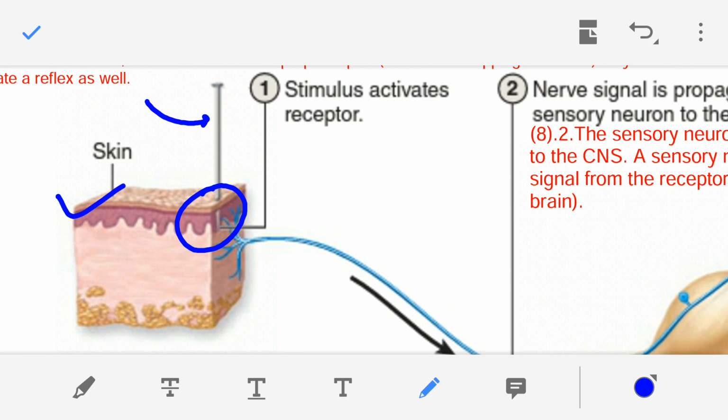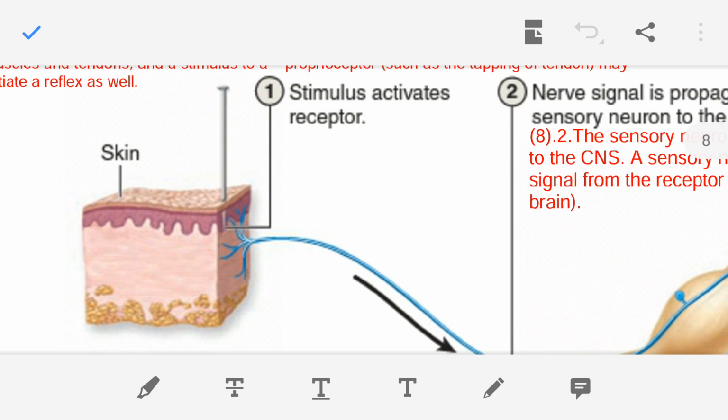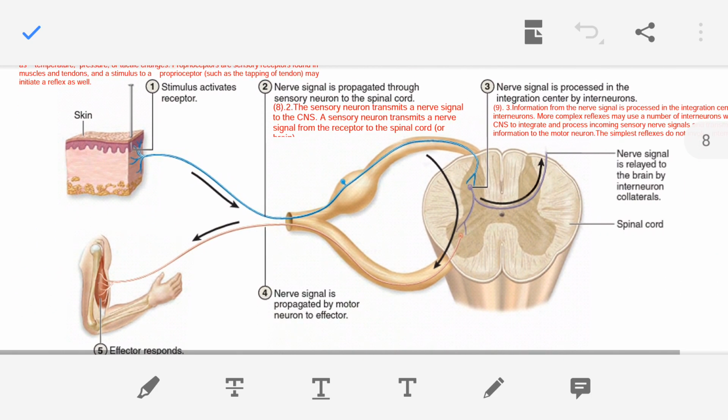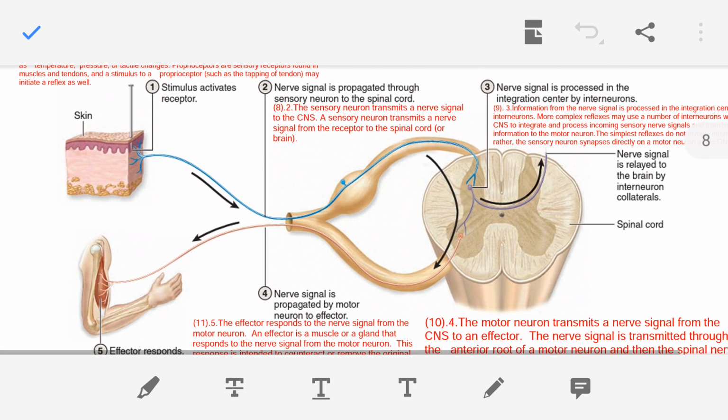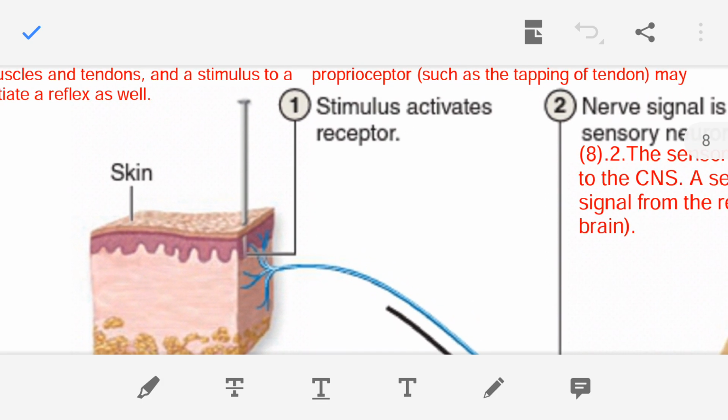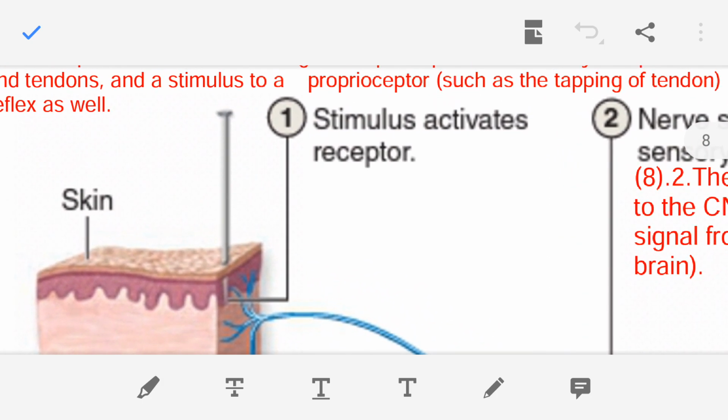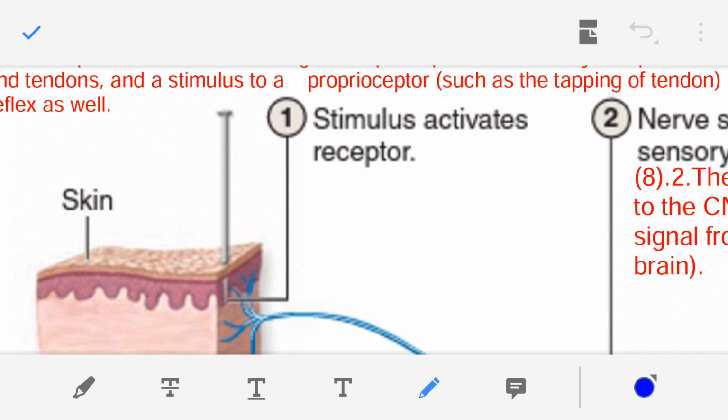Now what happened: you went to visit your friend's house, and at your friend's house there was an old door, and one iron nail came out from that old door, and accidentally the pointed portion of that iron nail is poking your skin, or it is just touching your skin.